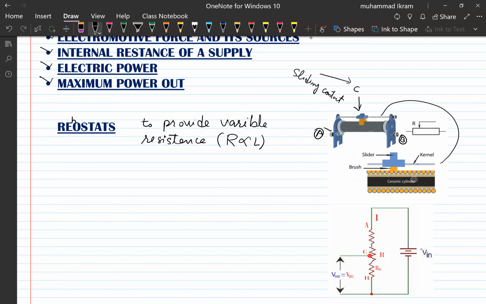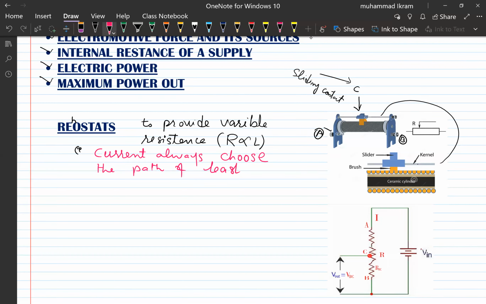Now the most important point here is that current always chooses the path of least resistance.